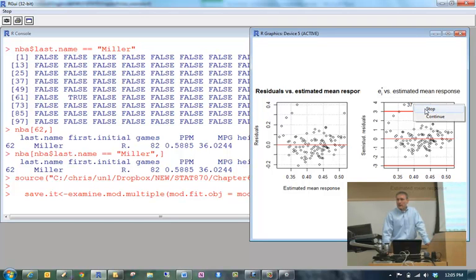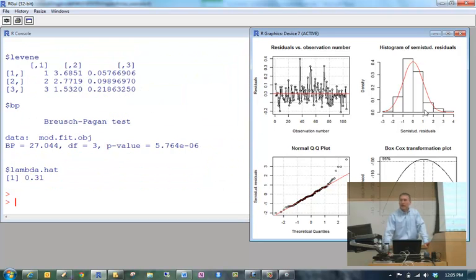I can stop to move on to the next set of plots, and you see a whole bunch more stuff produced. So let's take some time to look at these plots so we can evaluate our model.